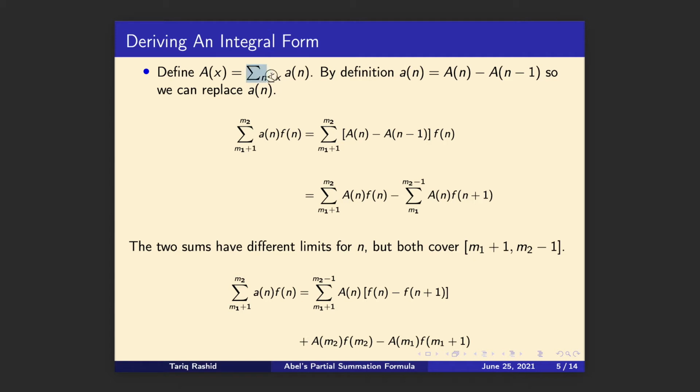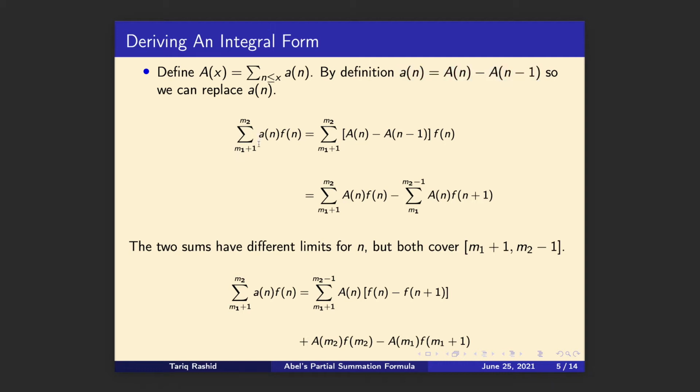That's a partial sum of those an. And it's an observation that the an term, the anth one, is actually the partial sum at n minus the previous partial sum. That's kind of obvious when you look at it this way, but it's a useful observation that we'll use. So let's write this down.